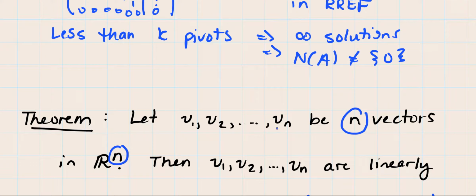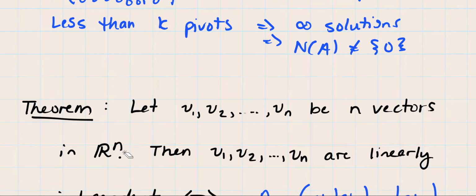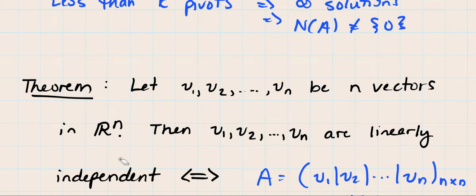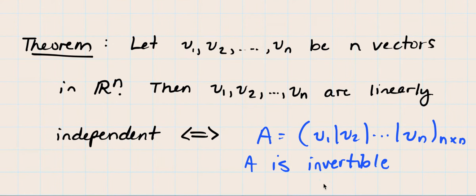Then v1 through vn is linearly independent if and only if the matrix A, where the columns are the vectors, which is going to be a square matrix because we're going to have n rows and n columns, is invertible. So these vectors are linearly independent if and only if A is invertible. Why is this?